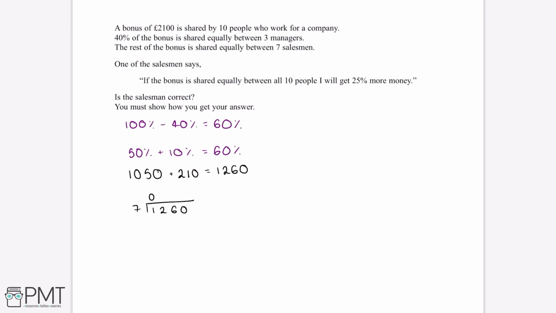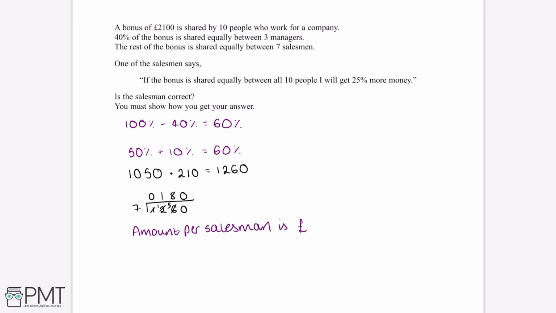So we can add a 0 above and then carry over the 1. 7 goes into 12 once, and then we have a remainder of 5, so again we can carry this over. 7 goes into 56 8 times, and then there's no remainders, and then 7 goes into 0 0 times. So the amount of money each salesman will earn will be £180.